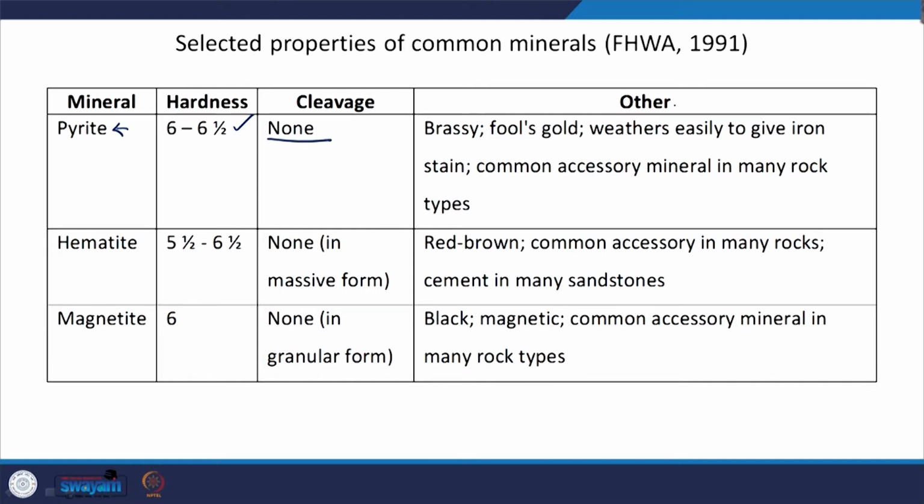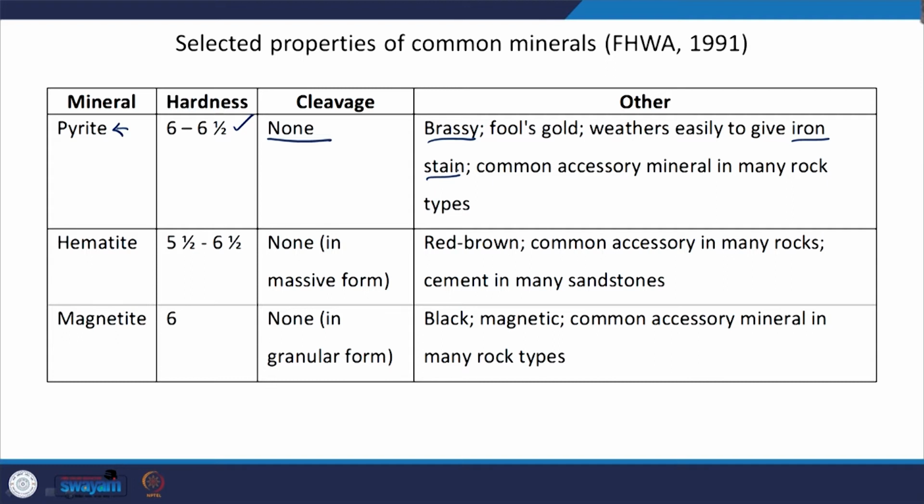As far as the other properties are concerned, it is brassy. It is also called fool's gold. So, it gives you the appearance of gold, but it is not. Okay? It weathers easily to give iron stains. Keep that in mind. Okay? This is the common accessory mineral in many of the rock types.